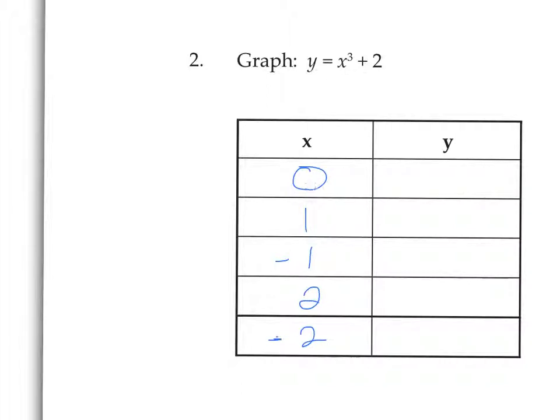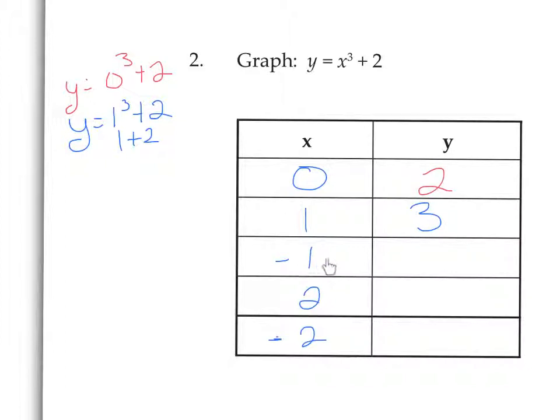So if x is 0, y will be 0 cubed plus 2. Well, 0 cubed is just 0, plus 2 is 2. When x is 1, we'll substitute that in there. y equals 1 cubed plus 2. Well, 1 cubed is 1. 1 plus 2 is 3.